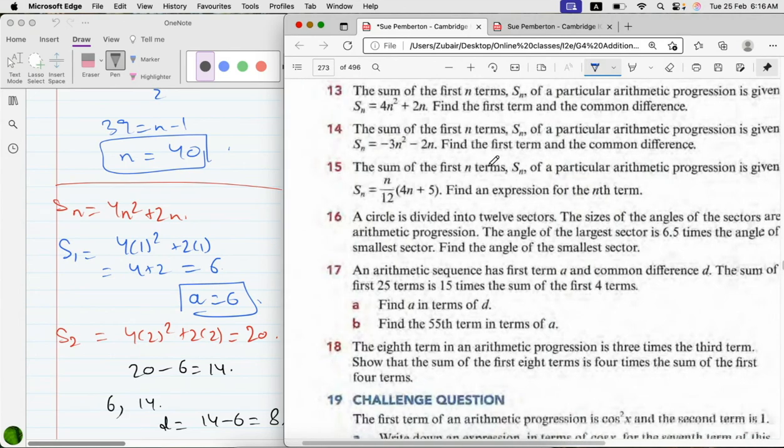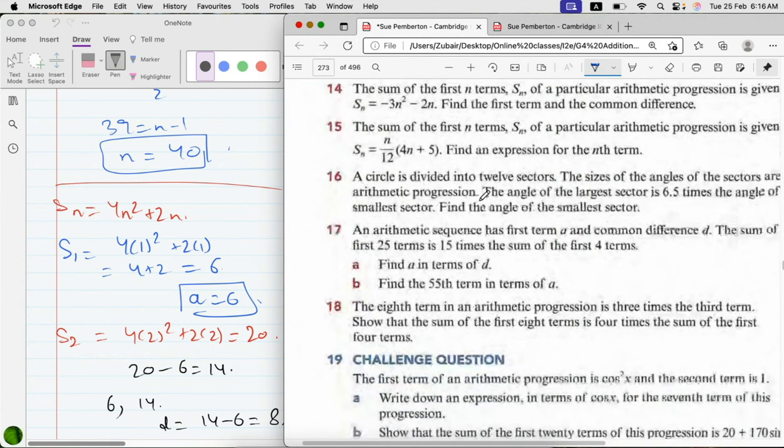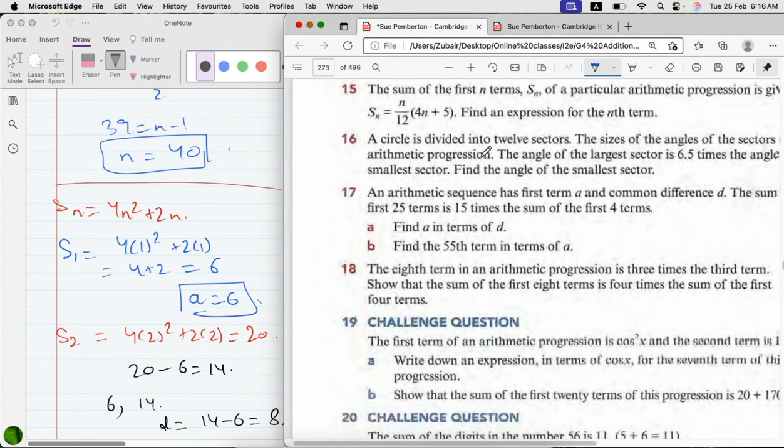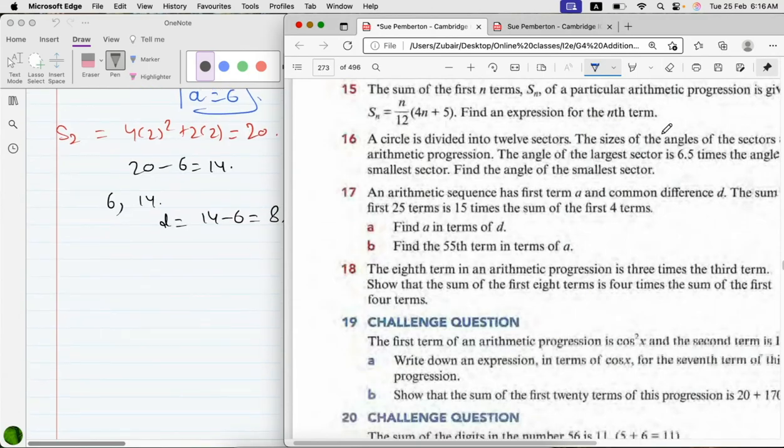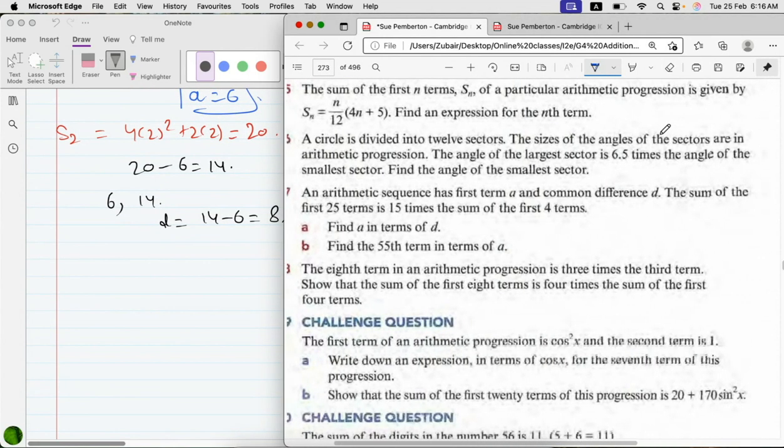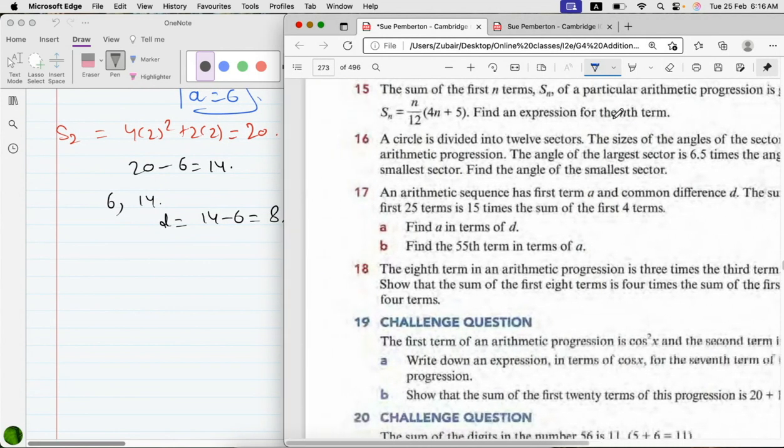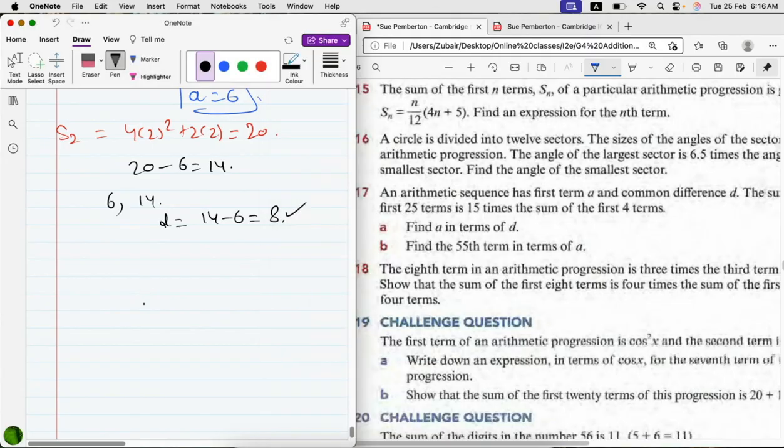14 is exactly similar to that. Let's try 15. The sum of first n terms Sn of a particular arithmetic progression is given by this. Find an expression for nth term. So sum of terms is n over 12 of 4n plus 5.